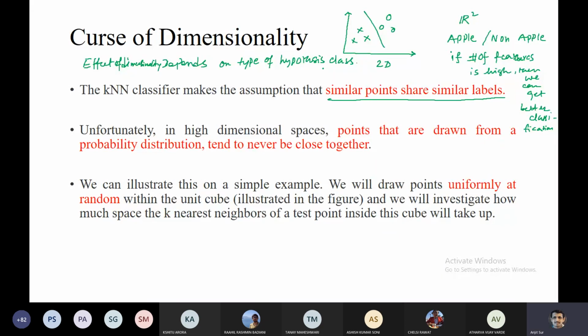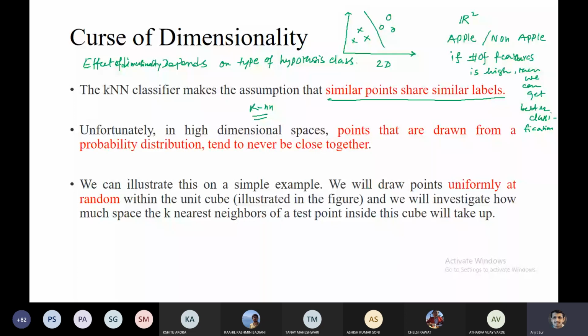Now for a KNN kind of classifier, where the distance is important and similar points have similar labels, you see that in a high dimensional space, points drawn from a probability distribution tend never to be very close together. We can illustrate this with a very simple example.